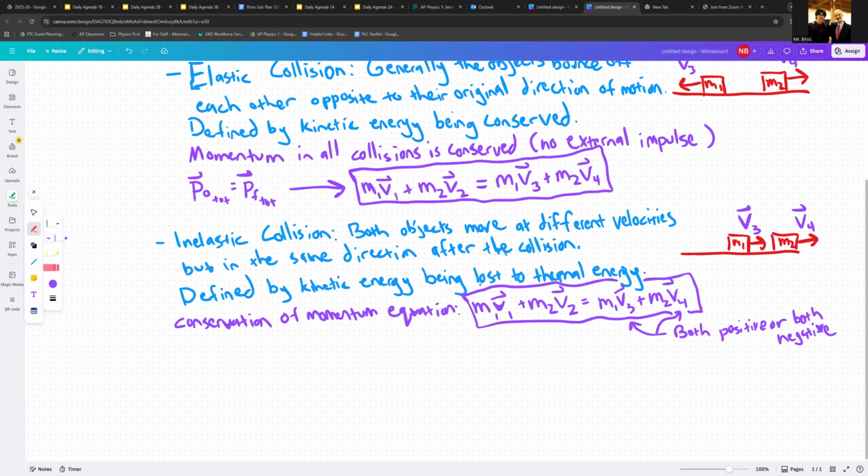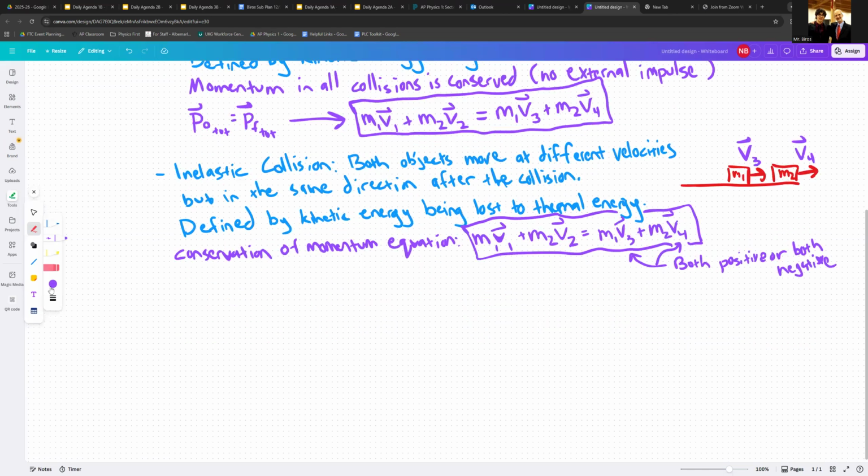The easiest way to get a wrong answer for these sorts of problems is to plug in positive or negative values when they're switched, right? Like if it's going to the right and right is positive, make sure you put it correctly, or left negative, etc. All right. Let's look at the last type of collision here.